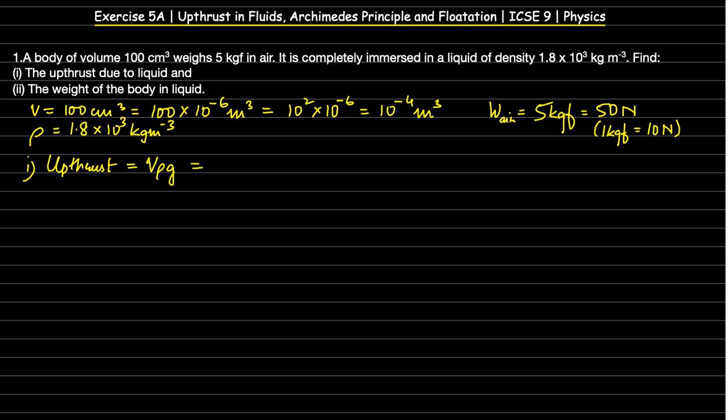Volume, we got it as 10 to the power of minus 4, into density, 1.8 into 10 to the power of plus 3, into acceleration due to gravity, I would consider it as 10. So I am writing here considering g is equal to 10 meter per second square. This is what we have considered.